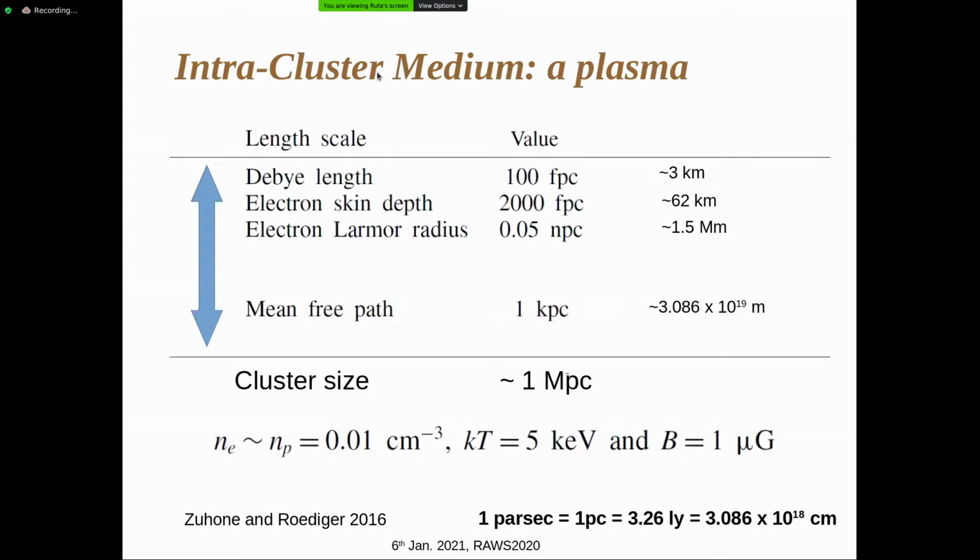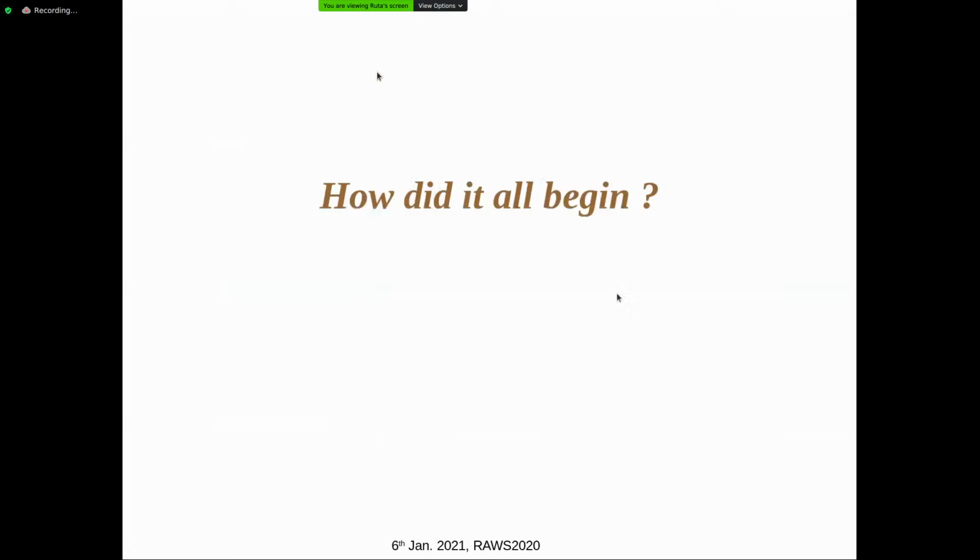All these values are given in this table, expressed in units of femtoparsec, nanoparsec, etc., and also in kilometers and megameters, for you to imagine what kind of distances these are. So two parameters are very striking here.